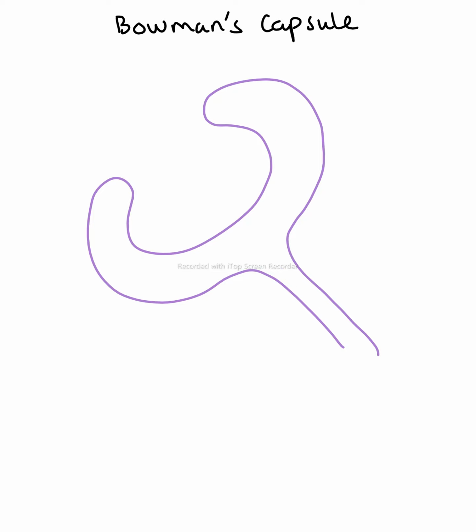Now what you do is, around the Bowman's capsule you have a layer of cells, a single layer. So let's draw those.